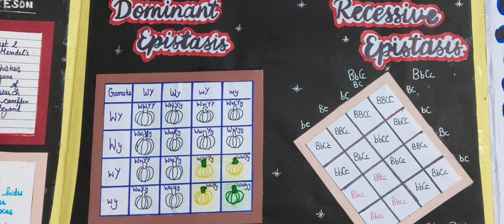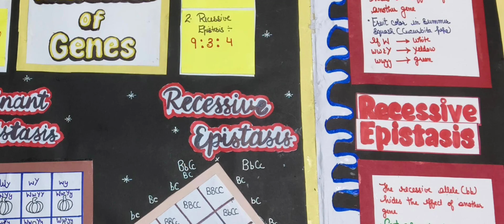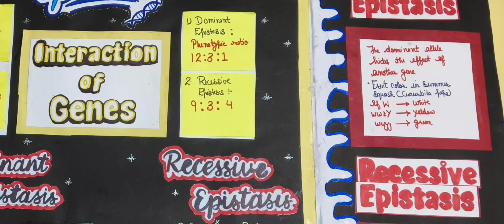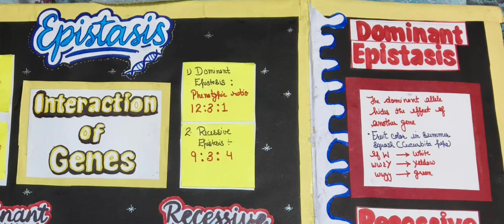When there is even a single capital W, it will be white, and when there is a single capital Y, it will be yellow, and when there are both recessive w and y, it is green. So the ratio is changed here. You can see the ratio given here for white, yellow and green, and it will be different.